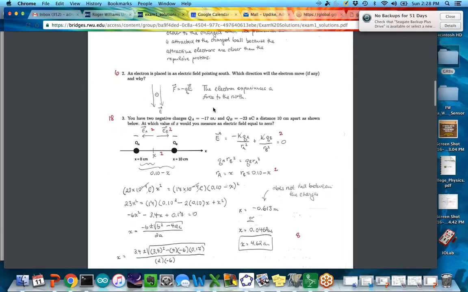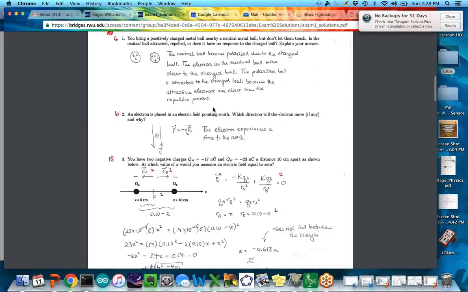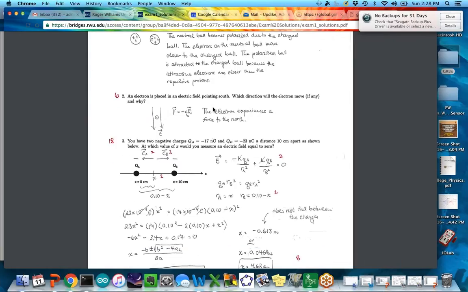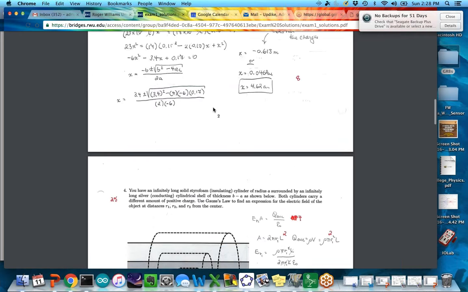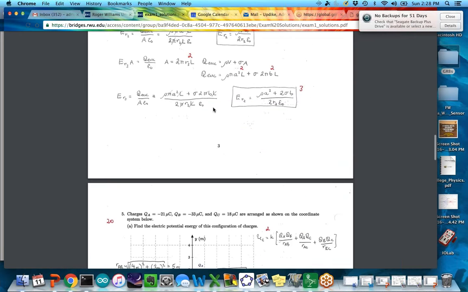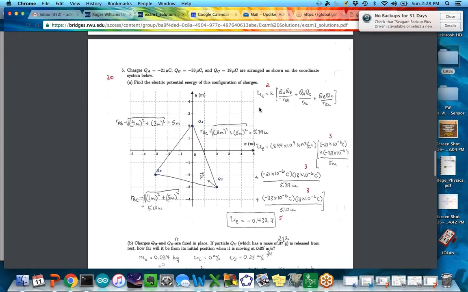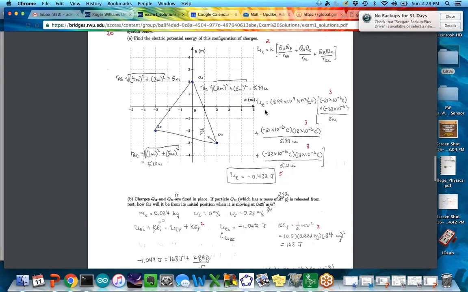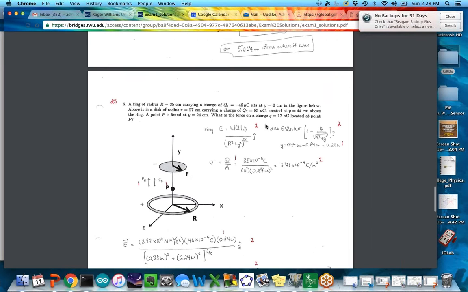Do you want to go over any of the questions from page 1 of exam 1? 1, 2, or 3? How about page... Well, we just did one of those. This was potential energy, one of the hoop ones. Oh, okay. So one of these.